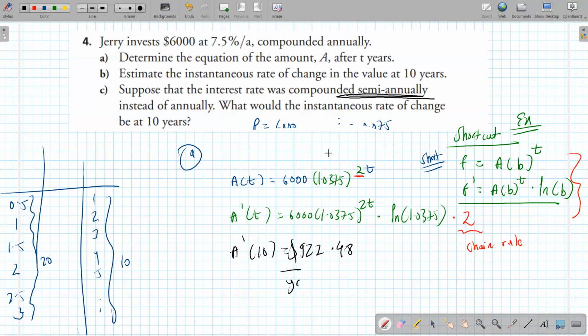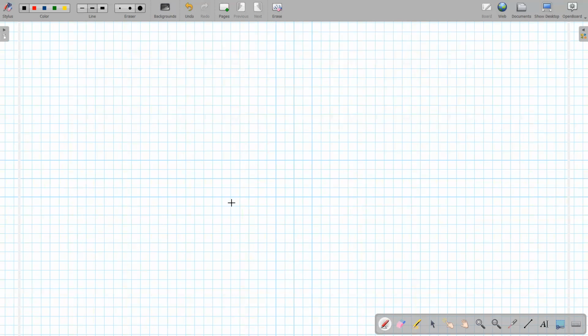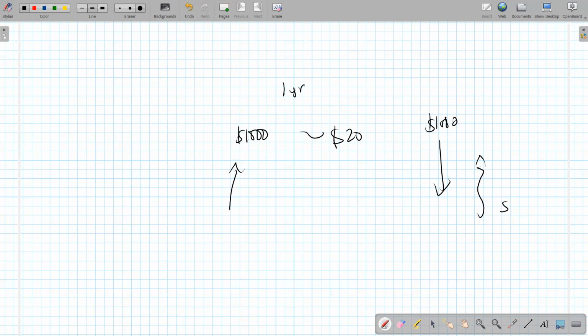But if you deposit something, then it's compounded every month or every year. That's why, let's say you give the bank $1,000, you're gonna get probably $20 interest in 1 year. But if you take $1,000 from the bank, you're gonna probably give them back $100.